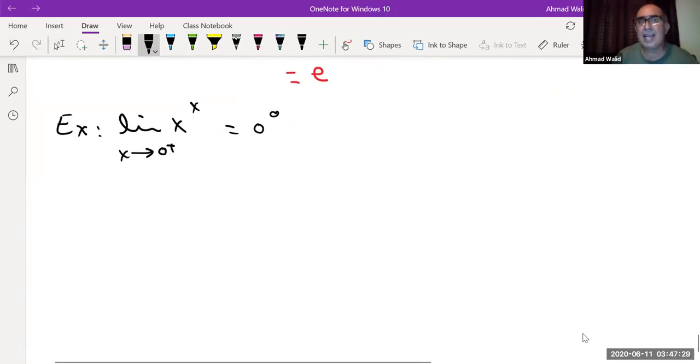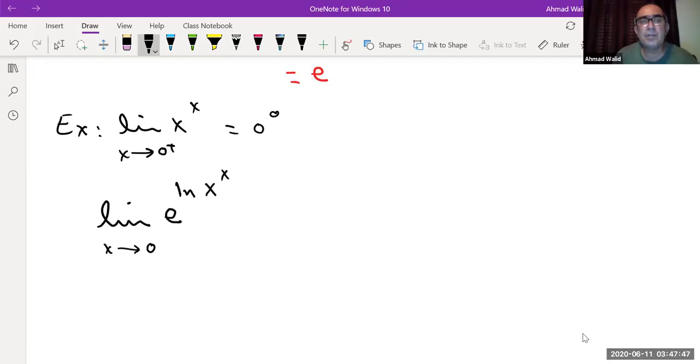I'm using the ln or the e method. Instead of x to the power of x, I can write limit of e to the power of ln of x to the power of x, as x is approaching 0 from the right. Focus here. Now I'll bring the x to the front. Then I can write limit as x approaches 0 from the right, e to the power of x ln x.